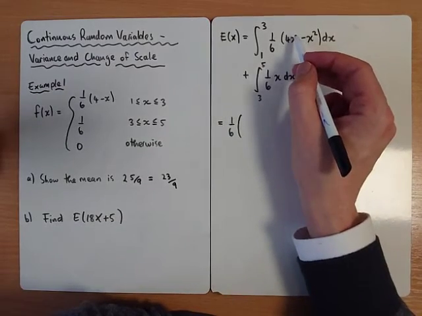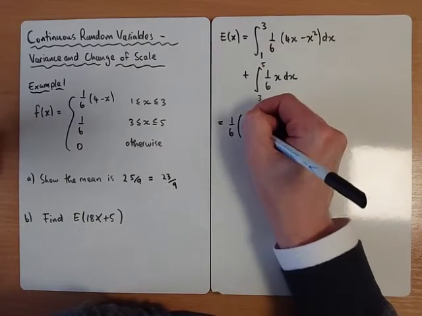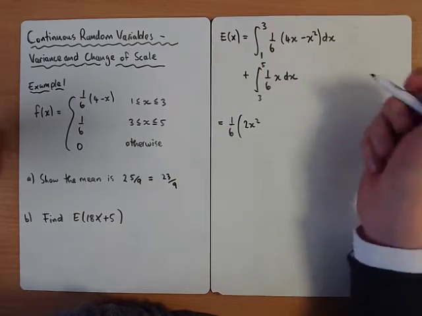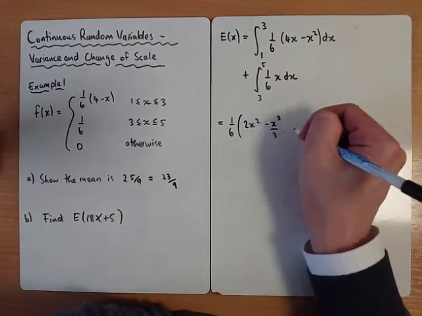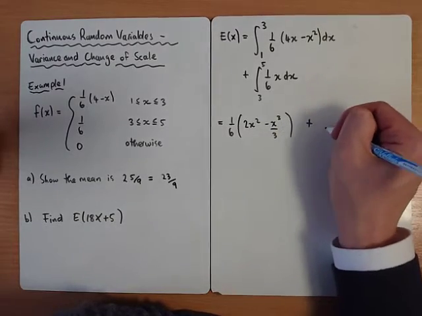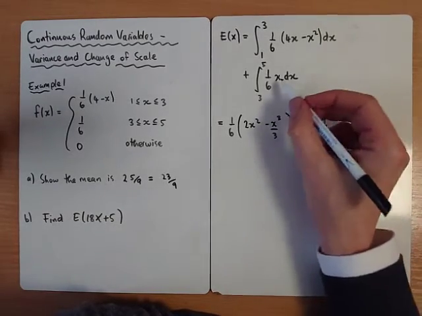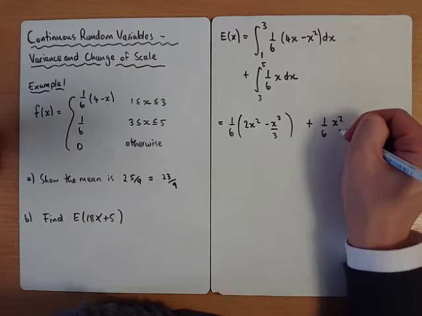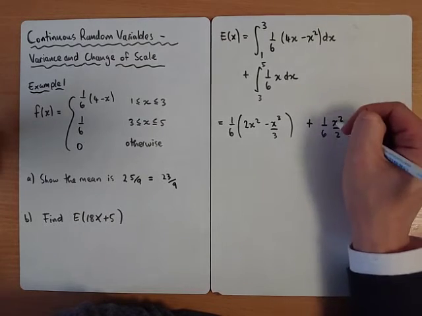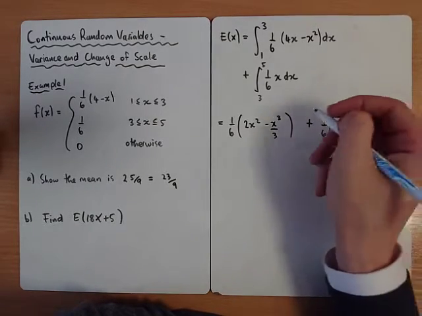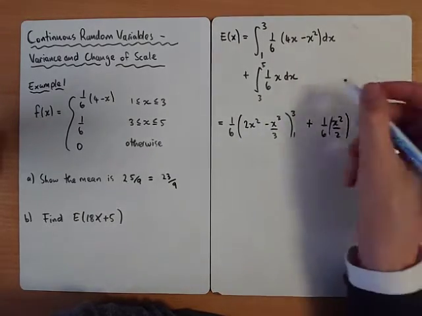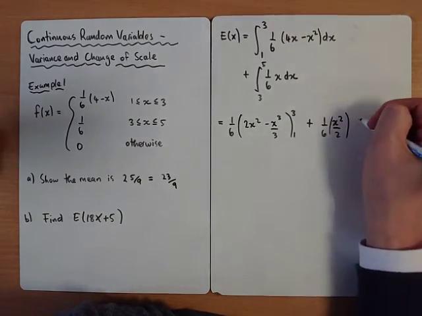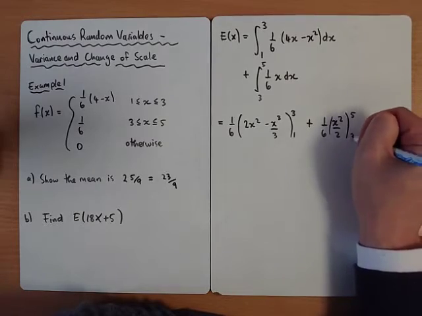Add 1 to the power, so 4x squared divided by 2, so 2x squared. Add 1 to the power, divided by the new power. X becomes x squared over 2. And the limits, let's be careful, the limits for this one are 3 and 1. And the limits for this one are 5 and 3.